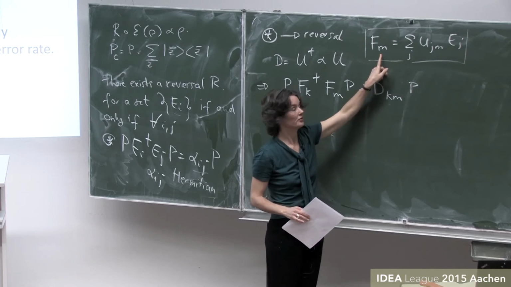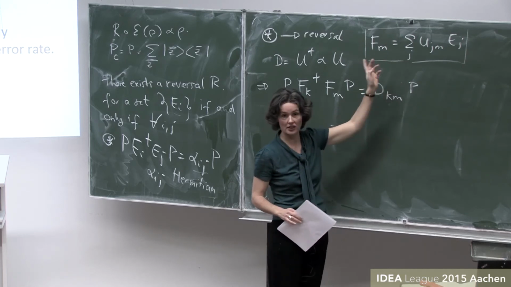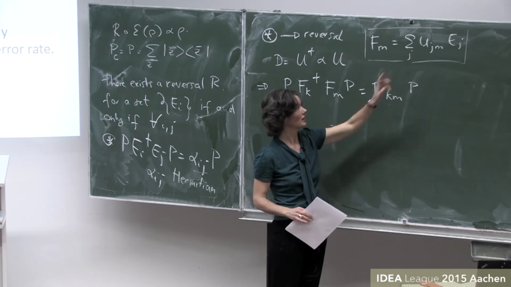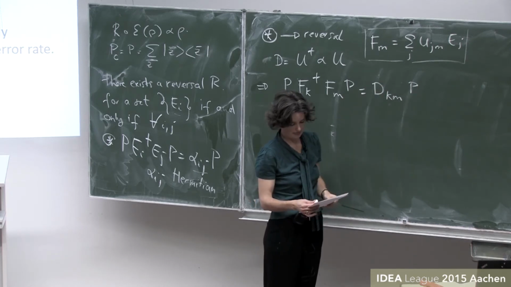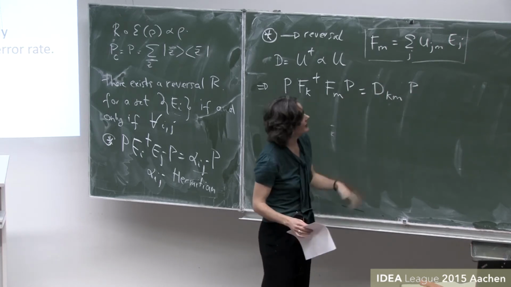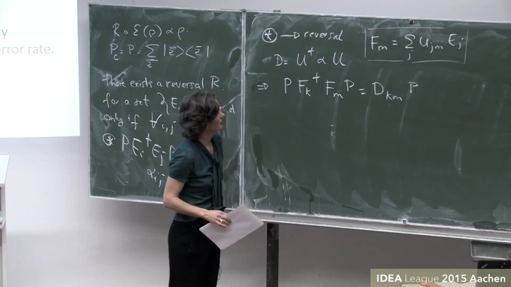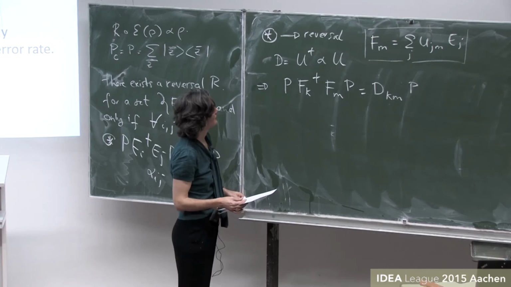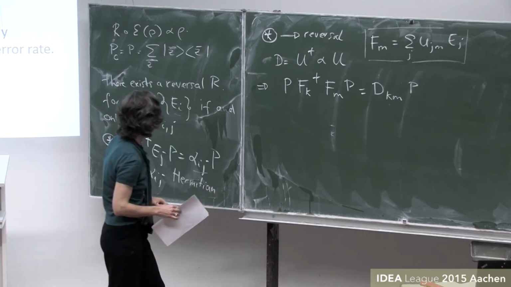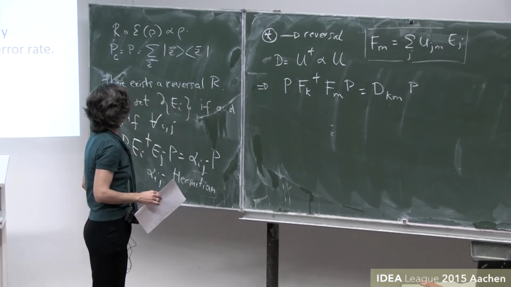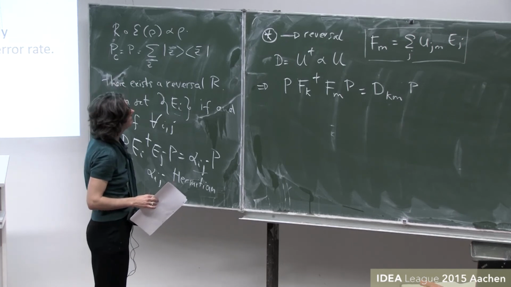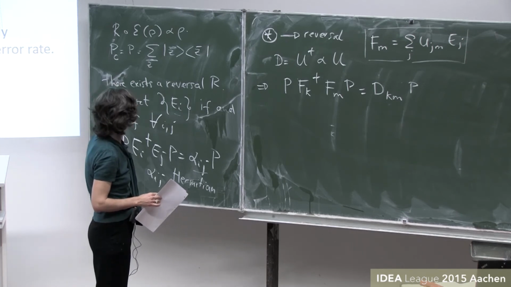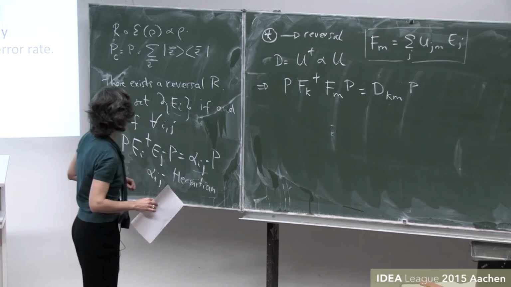And if you have worked with this, you know that these are the same superoperators, and you can relate these two. There is this freedom: a superoperator has a unitary freedom in the choice of these Kraus elements.